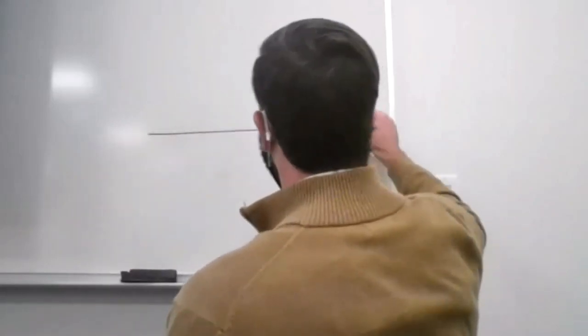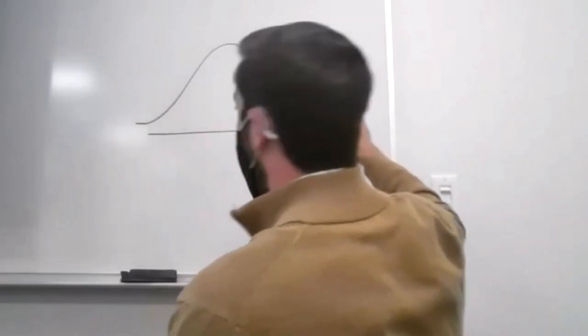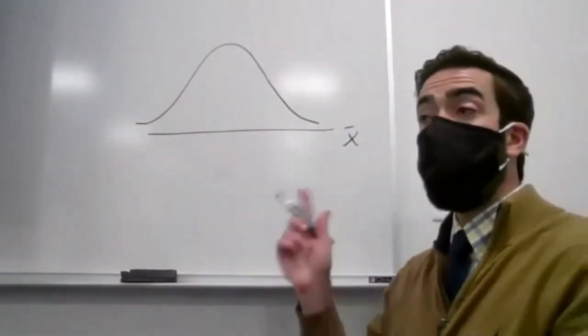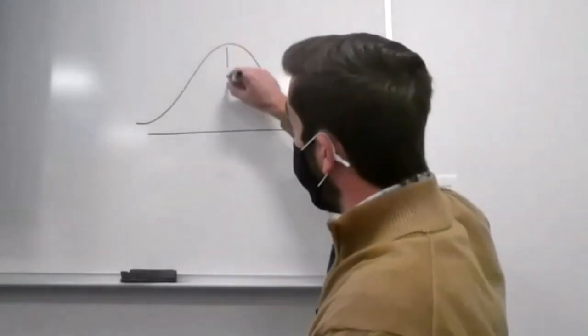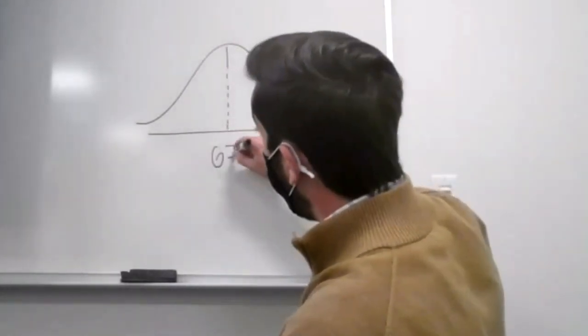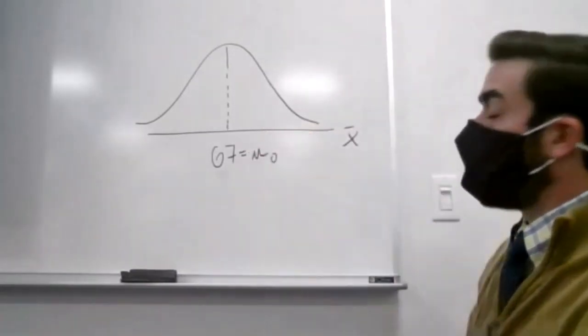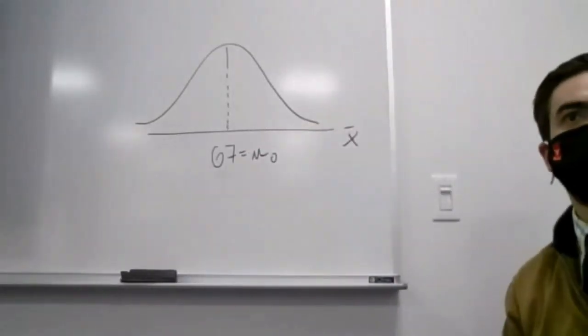So if I assume that the mean retirement age is equal to 67, I know that my sample means should be normally distributed around the population mean, which I'm assuming is 67.